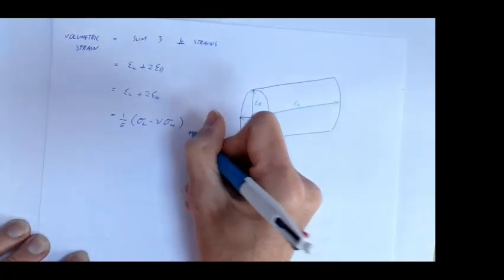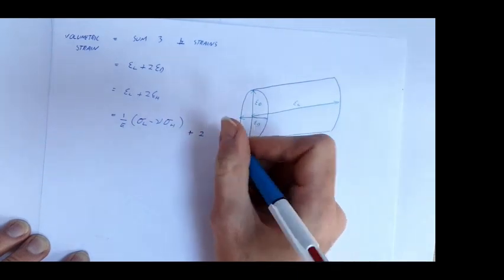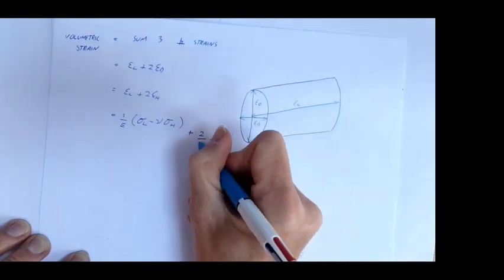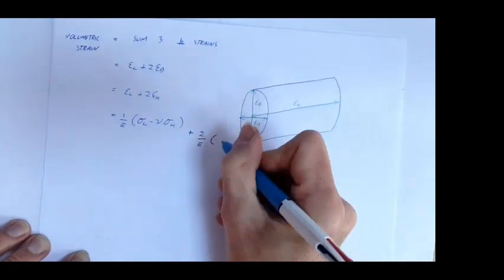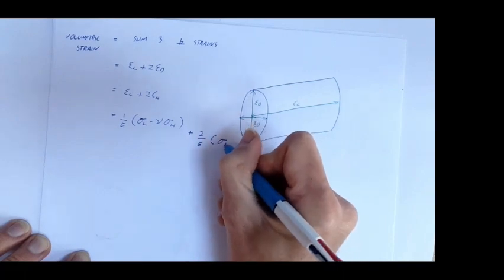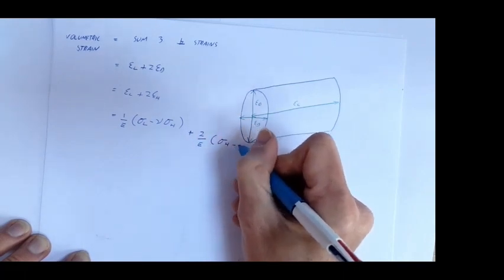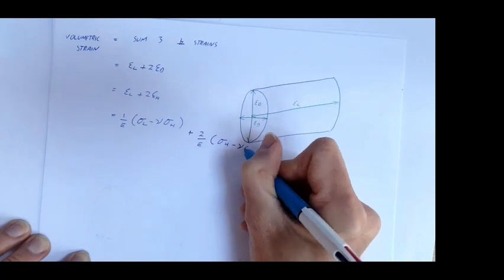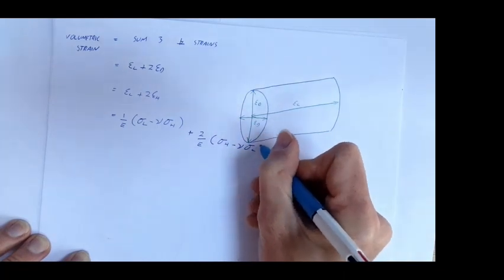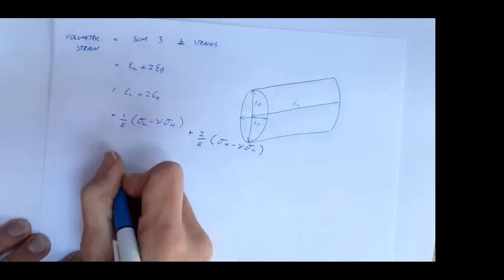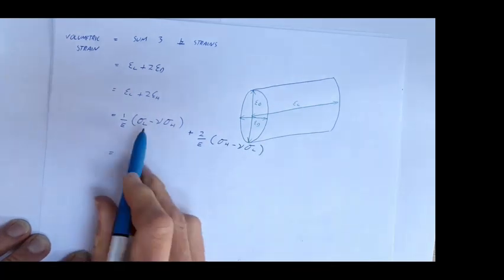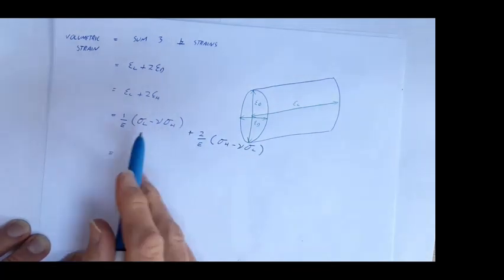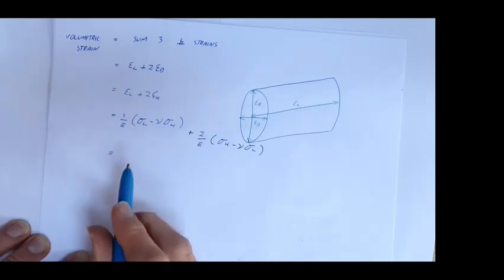And we add on to that two lots of 1 over E, lots of hoop stress minus Poisson's ratio times our longitudinal stress. We multiply those out, simplify them. What do we end up with?